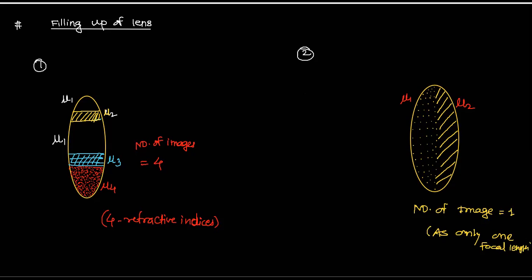So you always keep it in mind, if the lens is filled like this, vertically, we can say this is horizontal filling, one layer above another, and this is side by side.